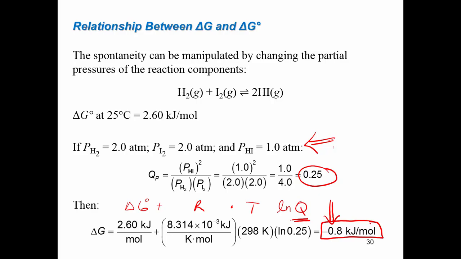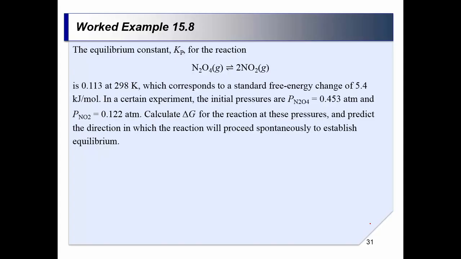Now in this case, we have an equilibrium constant Kp for this reaction, and I'll write it up here: Kp equals 0.113. I'm given my T value of 298 K, and that corresponds to a free energy change. My delta G naught, I'm told, is 5.4 kilojoules per mole. We have our initial pressures here, so I can calculate my Q value.